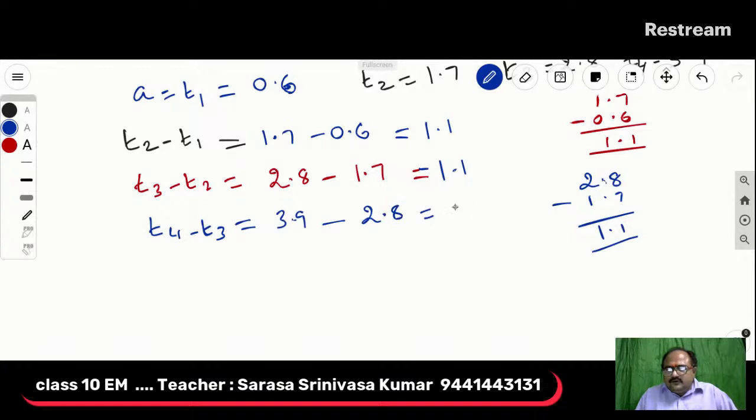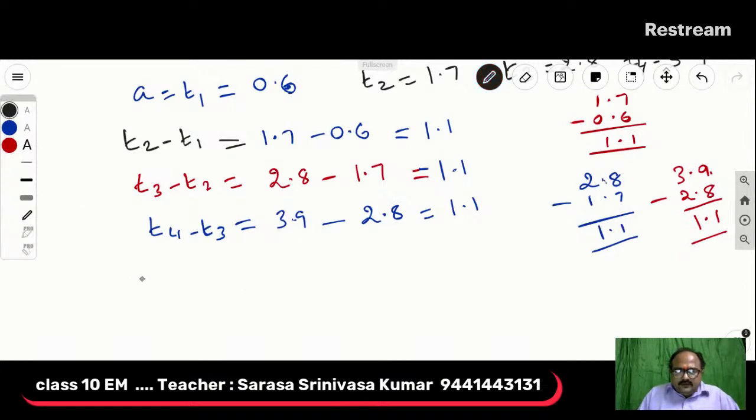This is equal to 1.1. To understand this, I write here 3.9 minus 2.8. So the difference is 1.1.